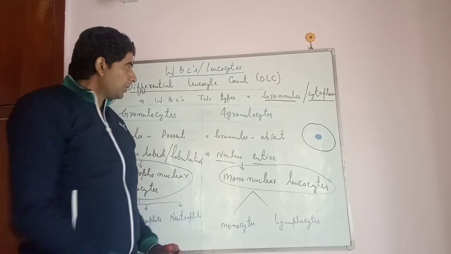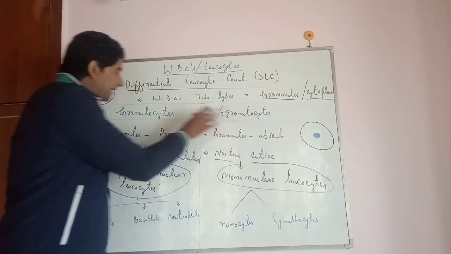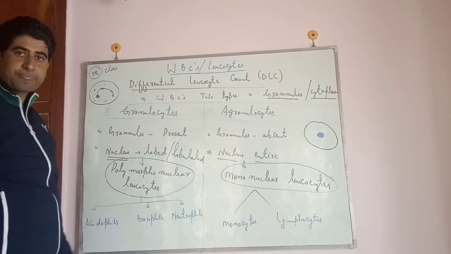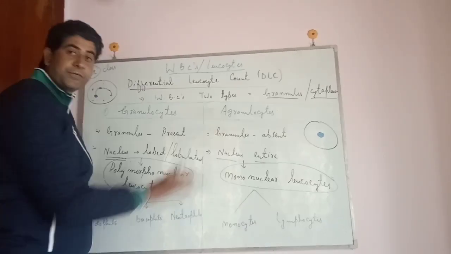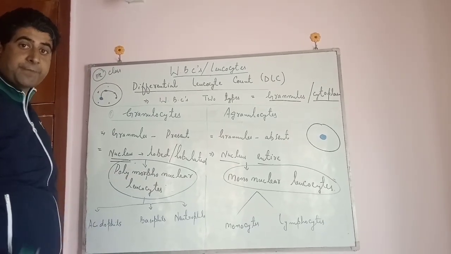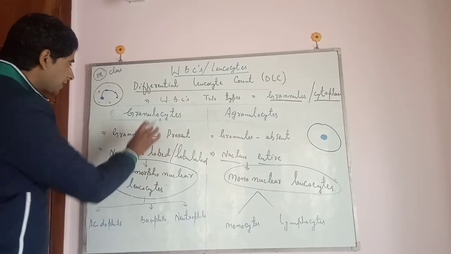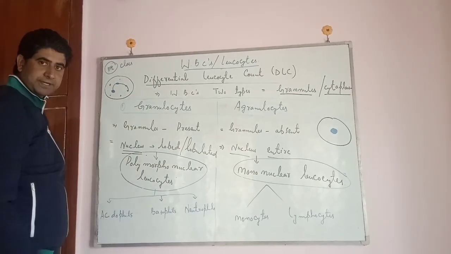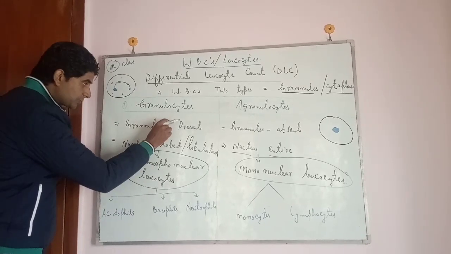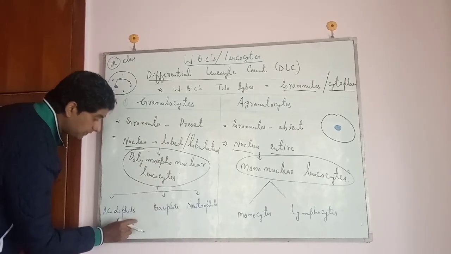Now both the agranulocytes as well as the granulocytes, they have been classified further depending upon the stain. So first of all, in case of the granulocytes, these granulocytes have been classified into three types.